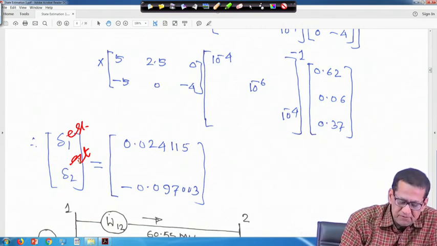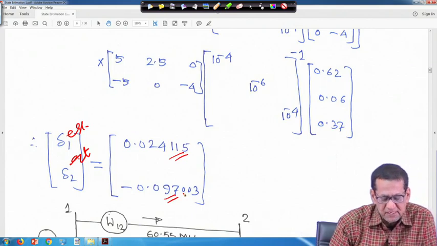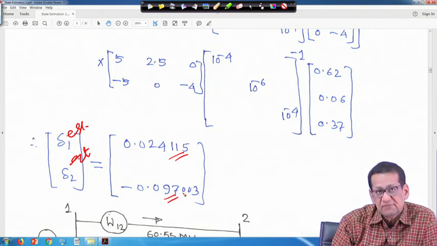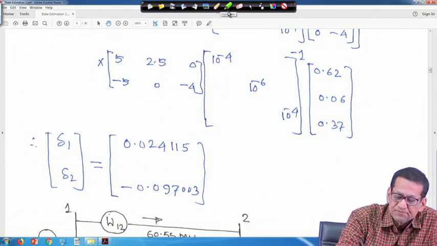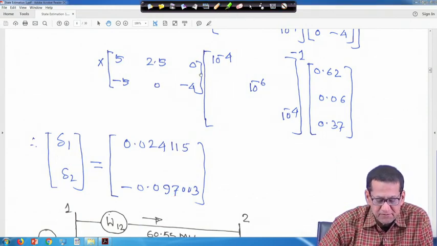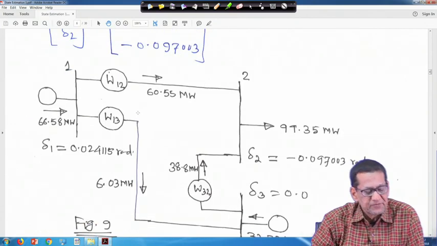You will get 0.024115 radian and delta 2 estimated you will get minus 0.097003 radian, right.